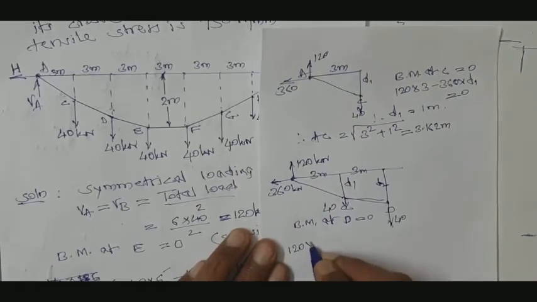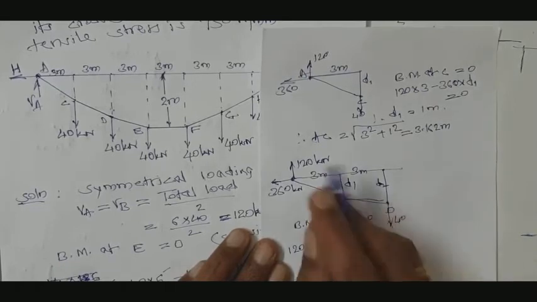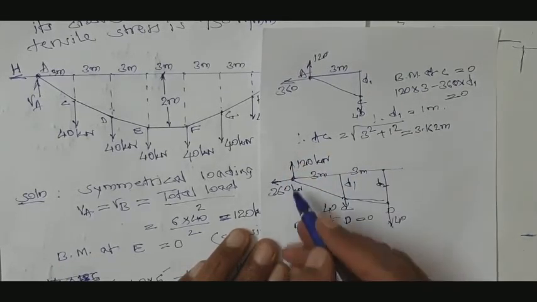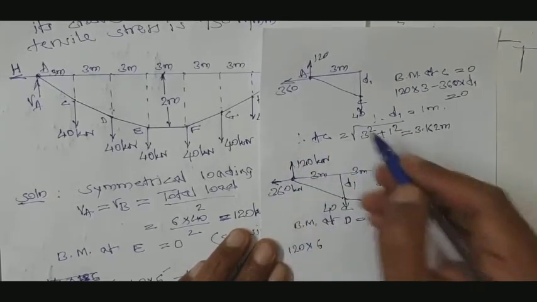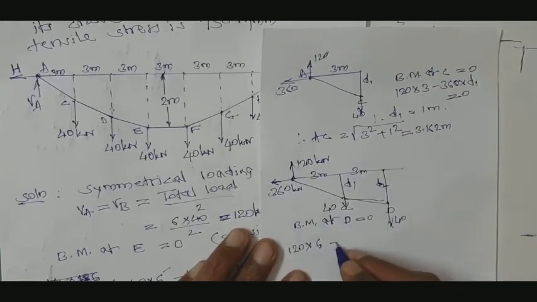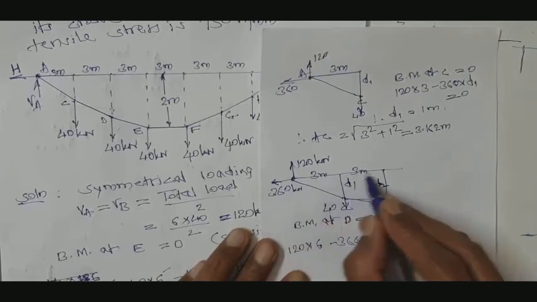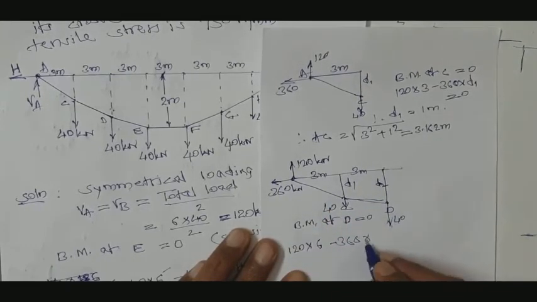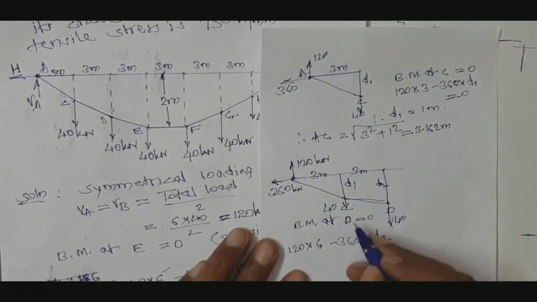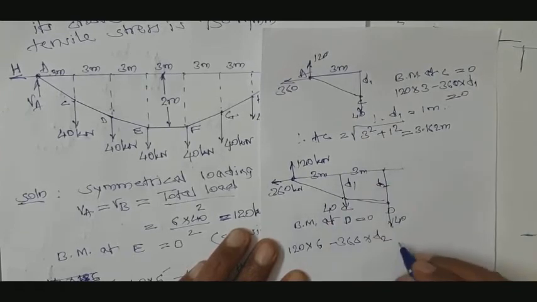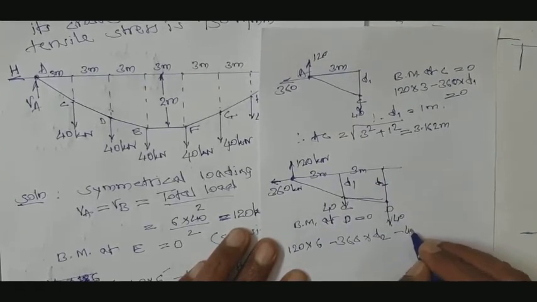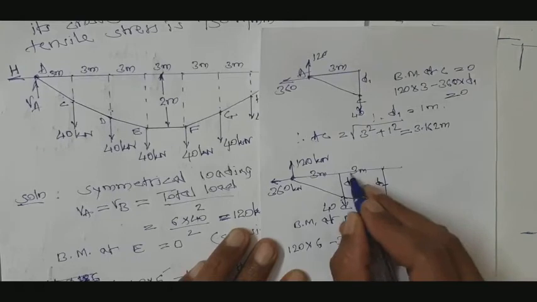First, 120 into 3 plus 3, 6, because you are taking moment about here. So 120 into this much. This is 360 anti-clockwise, minus 360 into, what is the moment due to this force, means this distance, say that is D2. But there is one more load here, again causing minus 40 into this much. What is this?